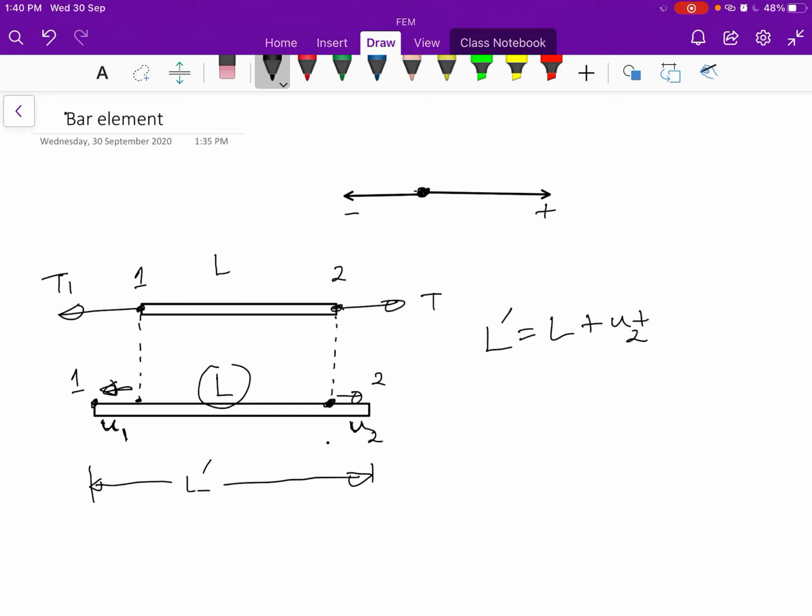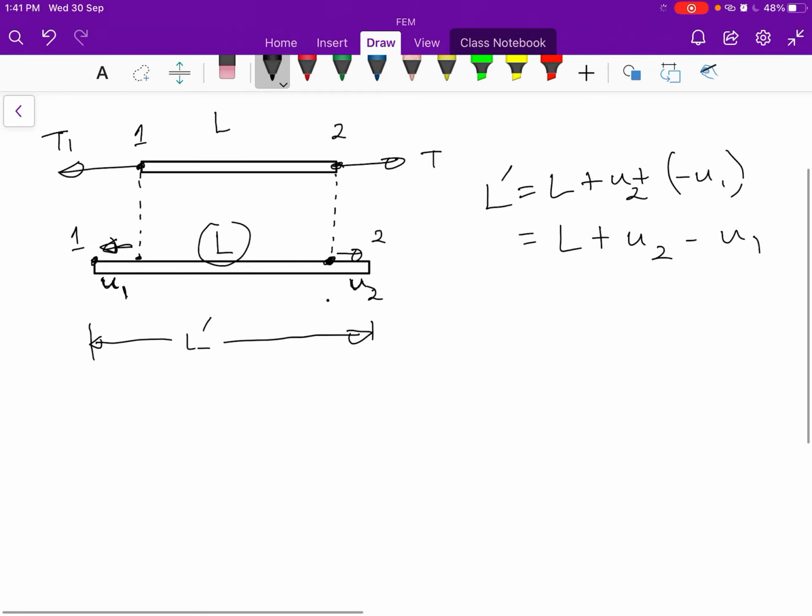And according to the sign convention that we have adopted, anything on the left hand side is considered negative. So if we add along with this sign convention, then the total length L dash would be equal to L plus u2 minus u1.